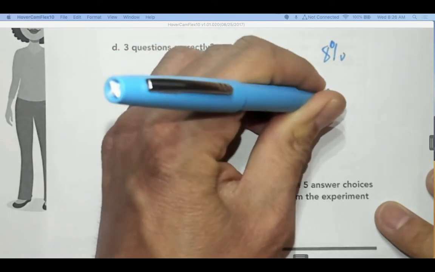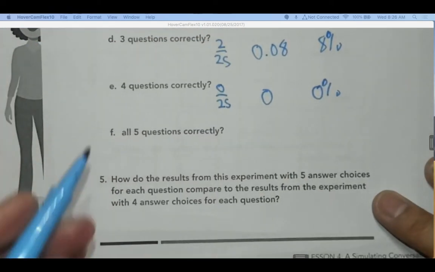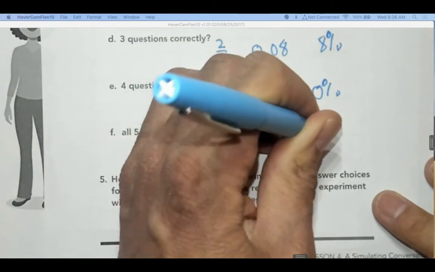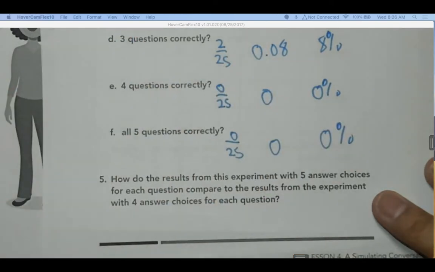All 5 questions correctly, 0 out of 25, which would have been 0%.